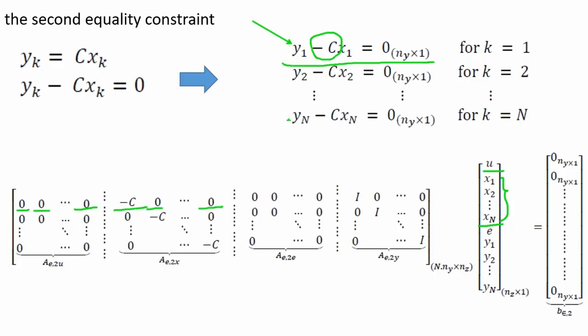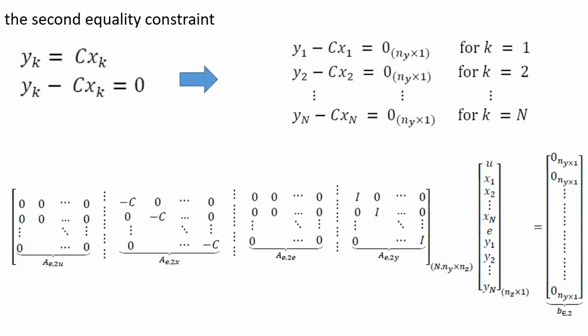For e1, e2, all the way to e of n, there is no e term here, so all of them will take 0. Similarly for the y term, from y1 to y of n throughout the prediction horizon, in the first equation, there is y of 1. Now let's see, for y of 1, if you see the first equation, the coefficient is 1, but since it can have multiple outputs, let us write it as I. Now, let's move forward with y2.